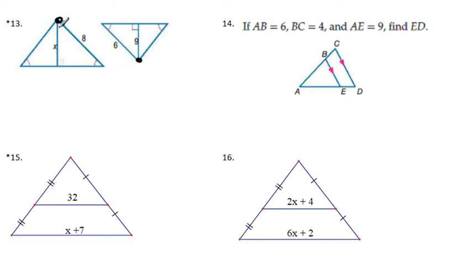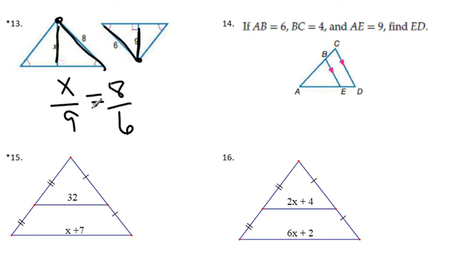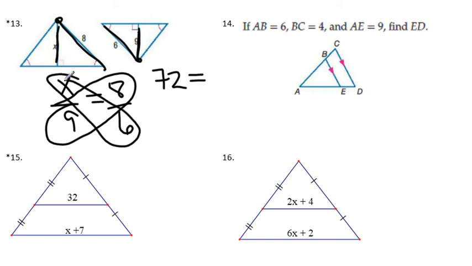So our job is to match corresponding sides, or altitude over altitude, x over 9, which will equal side over side, 8 over 6. Cross multiplying, we get 9 times 8, which is 72, and that equals 6 times x, which is 6x. We're going to take 72, divide it by 6, so we get x equals 12.